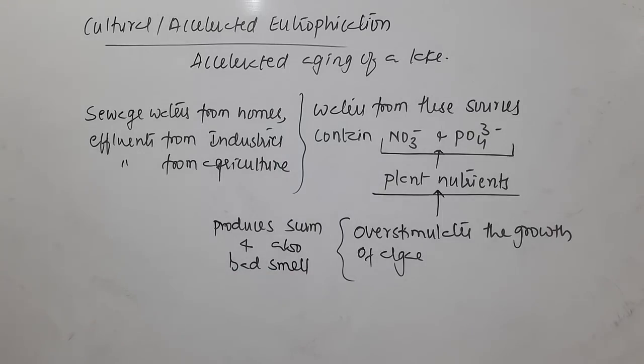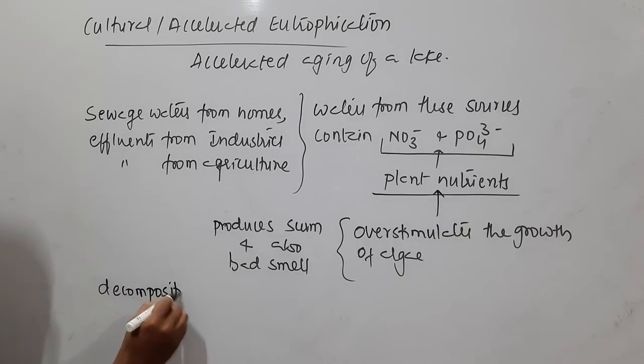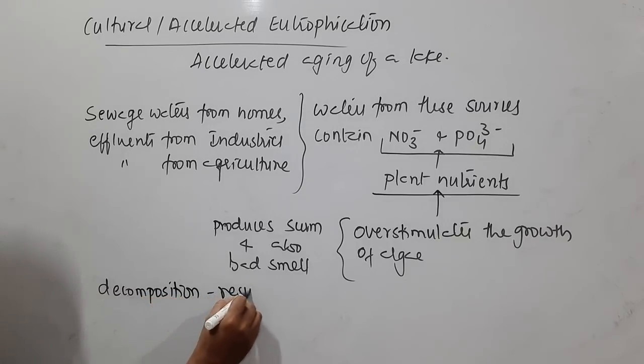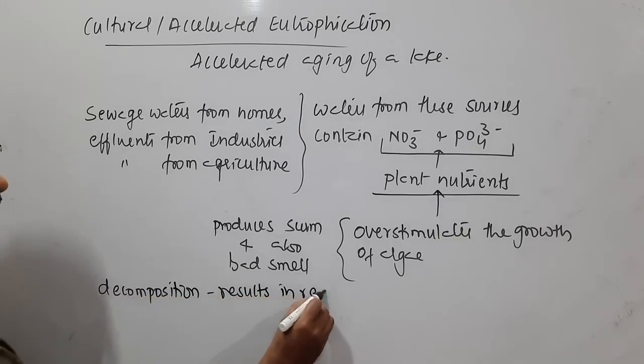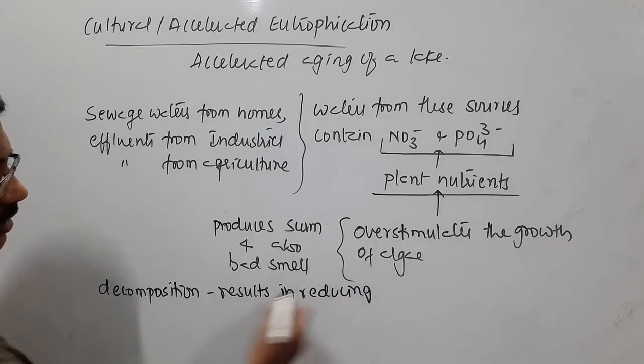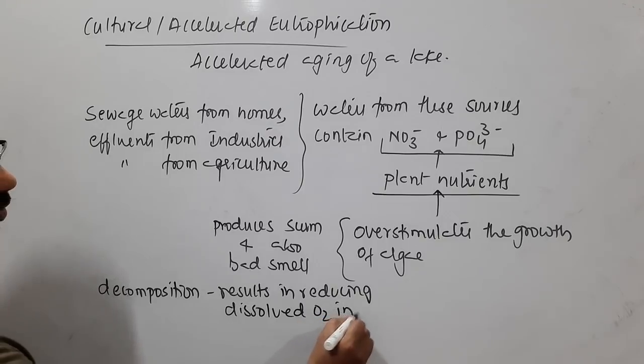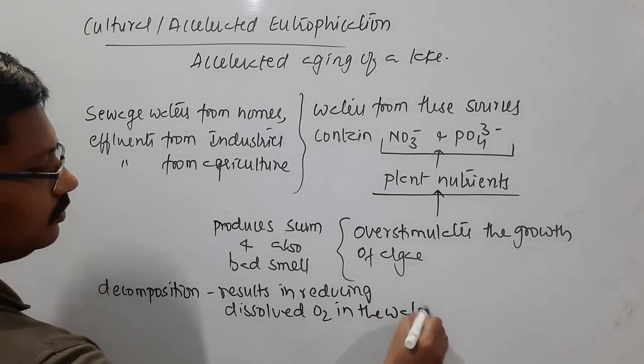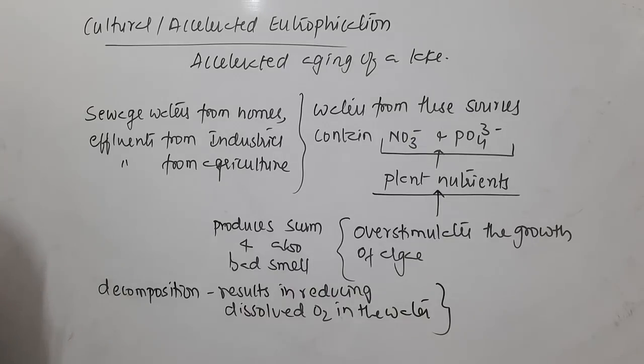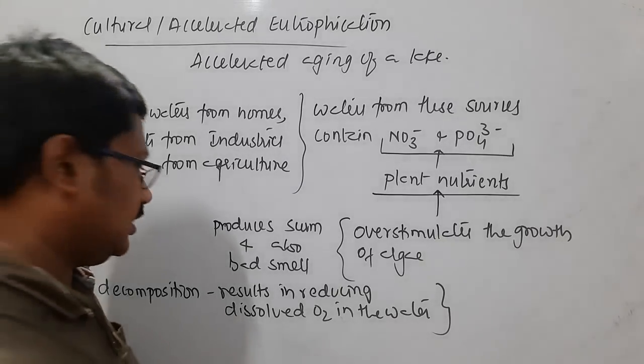And here the process, that is decomposition, results in reducing dissolved oxygen in the waters. And when the dissolved oxygen becomes less in the waters, it can result in the death of the fish and other aquatic organisms, right?